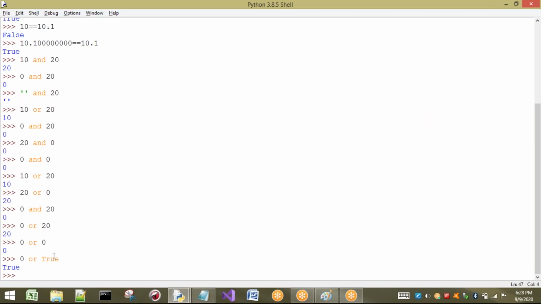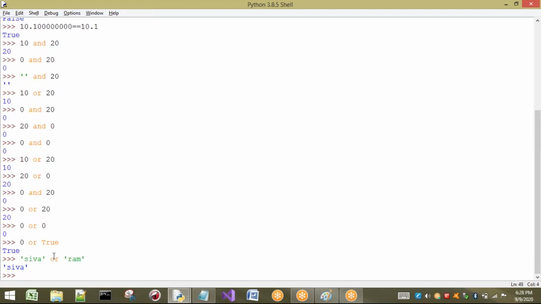So the answer is y. Next, I am going to take two strings, for example Shiva or Ram. Here both are true, so it is going to give x. The first one is true, so automatically it gives me x. Next, 10 or, here you may get some confusion.